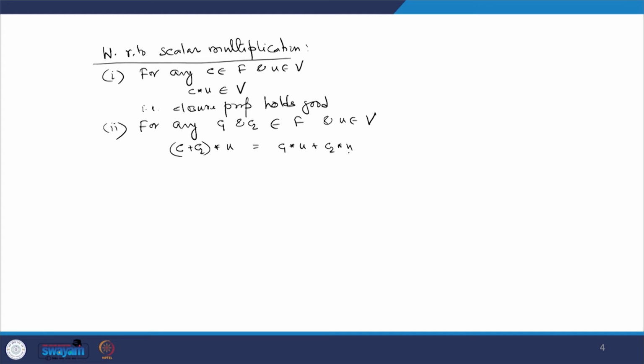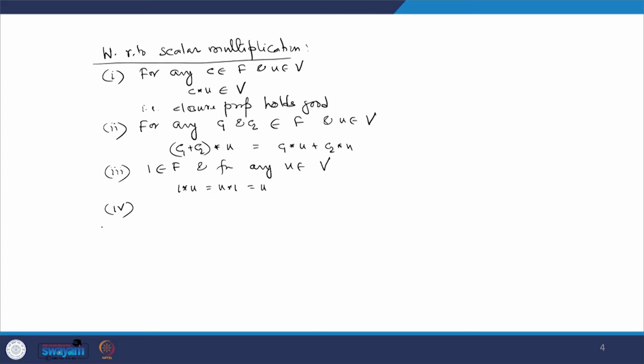Note that this plus is the binary operation in the field, but the plus on the right side is the vector addition. Third, 1 belongs to F, and for any u belonging to capital V, 1 star u equals u star 1 equals u.